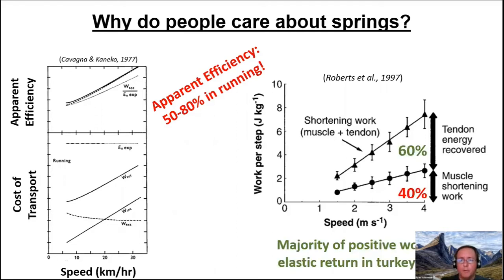And so a majority of the positive work done was from the elastic tendon, so hinting at this idea that, well, perhaps if the tendon wasn't doing this positive work, then the muscle would have to do more work to compensate, and therefore this tendon was perceived to be doing the majority of the work, allowing the muscles to stay closer to near isometric levels or low velocities and do less of this work.